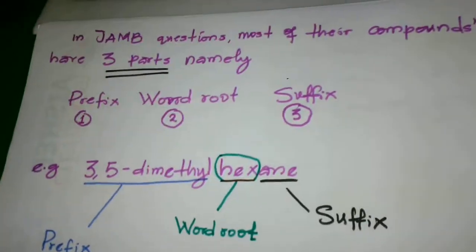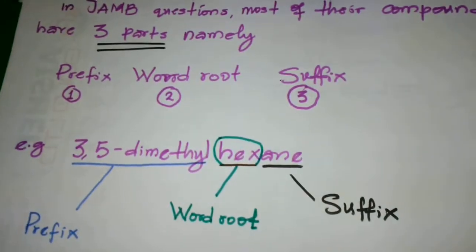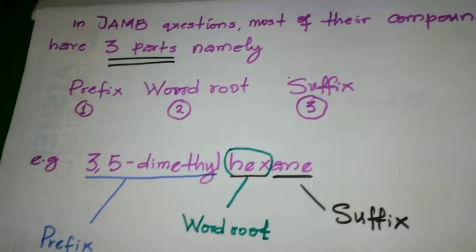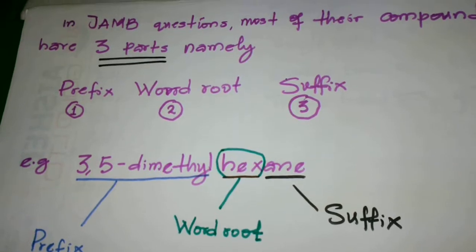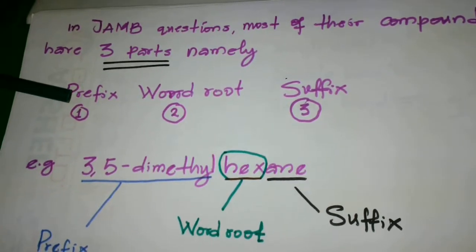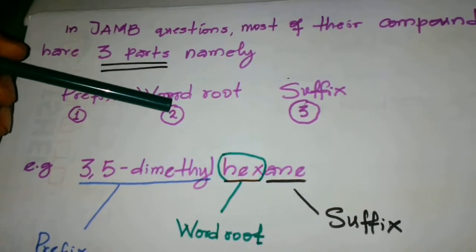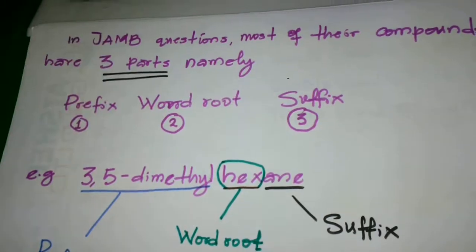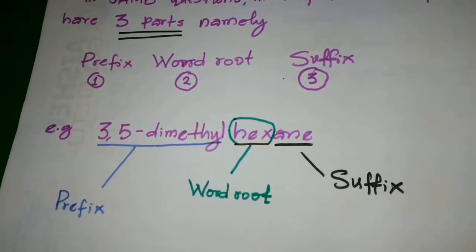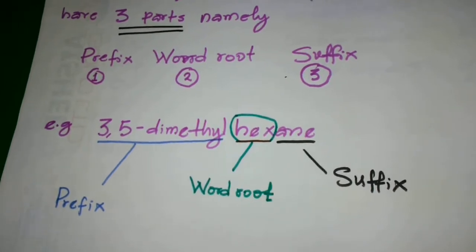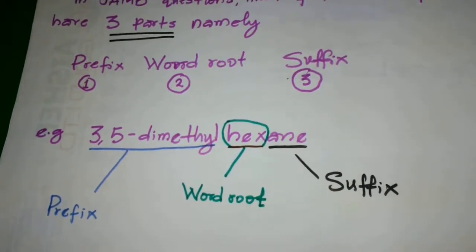Now, in JAMB questions, most of their compounds have 3 parts, namely the prefix, the word root, and the suffix. For instance, 3,5-dimethylhexane.